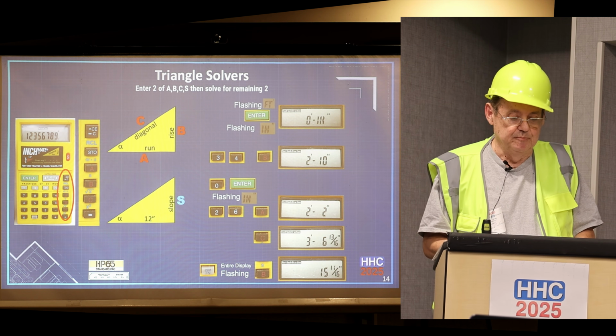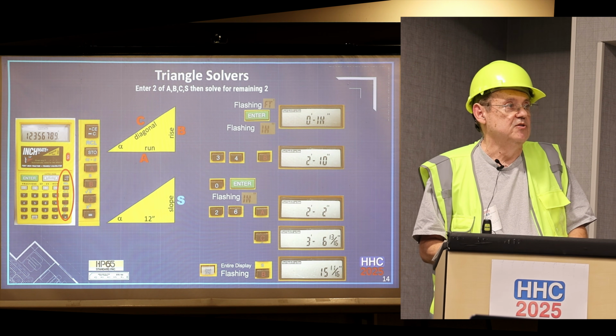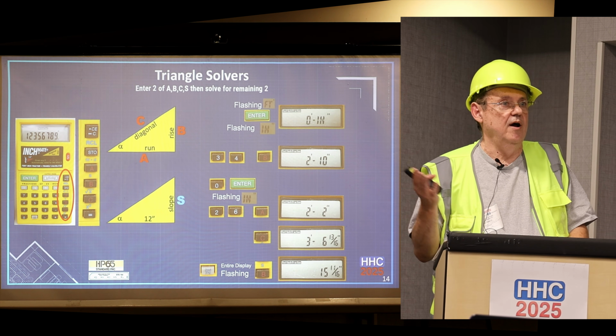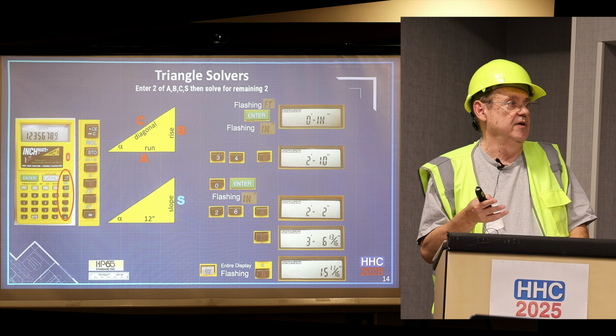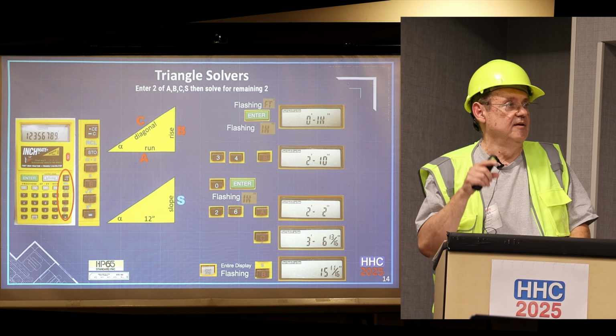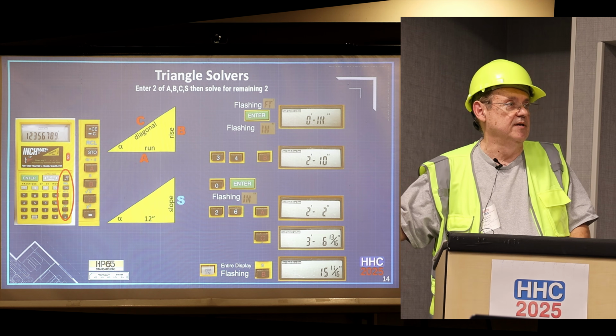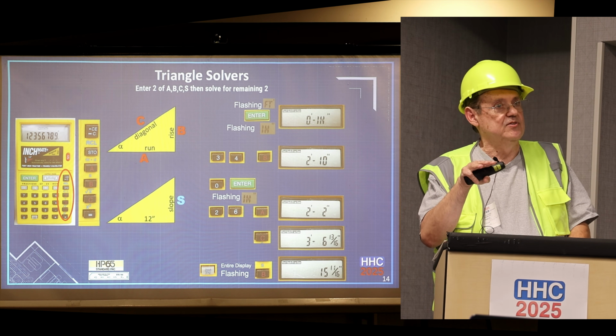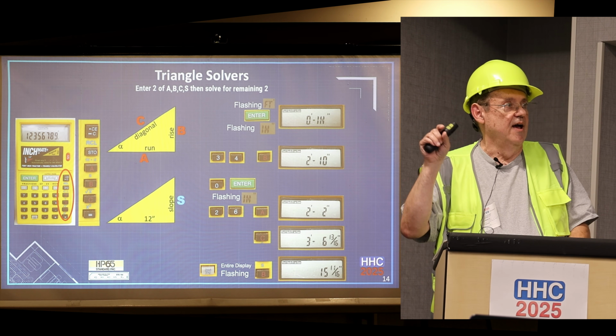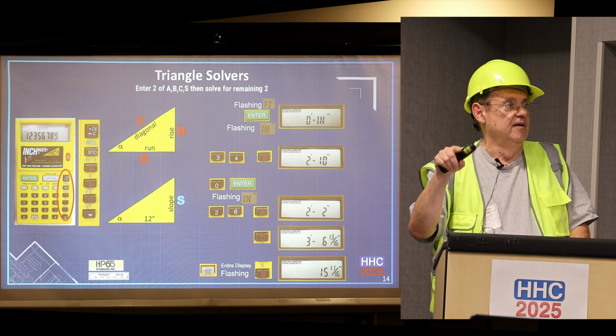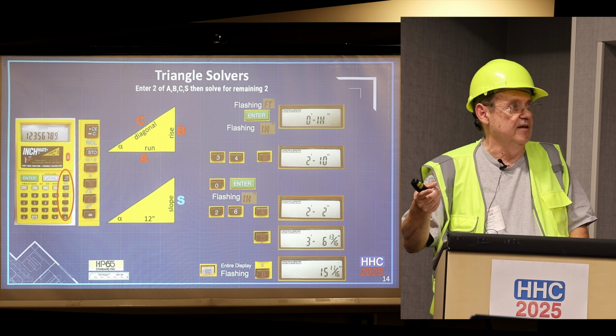Yeah. Okay. Next, triangle solvers. Everybody in the room is familiar with the 12C's solver, right? It's the N, I, PV, payment where you enter some of the variables, and after you've entered enough, you hit the other ones and it automatically calculates it.